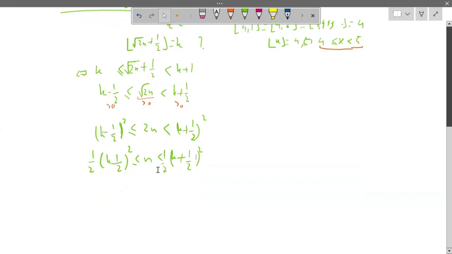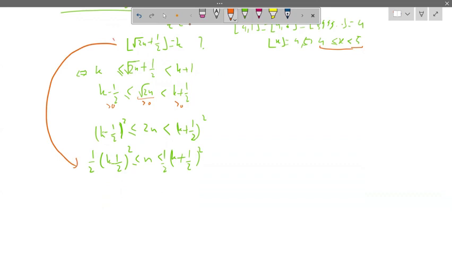So basically, these two forms are equivalent if k is fixed. If k is fixed, then you can find n, or more precisely, the integer values of n to find which term has the value k.